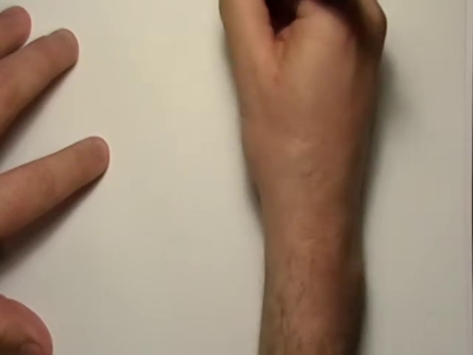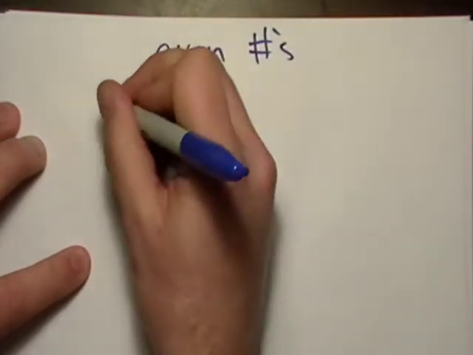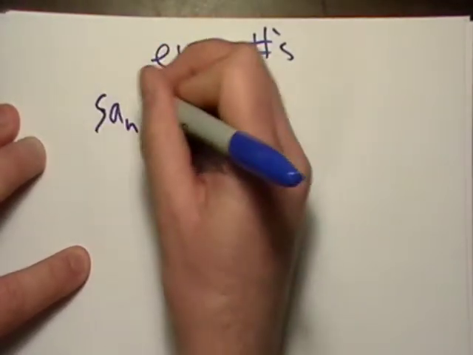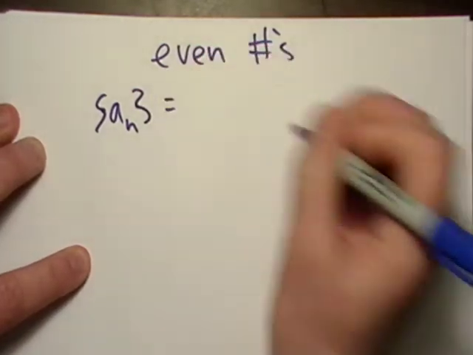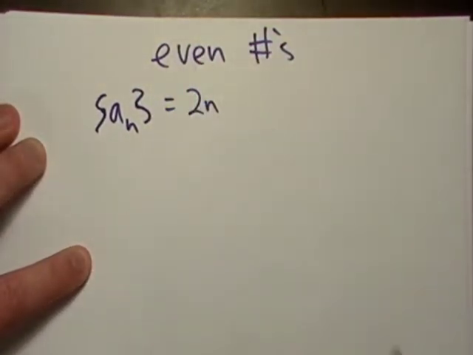Next thing I'm going to do is show you some tricks here, and these are kind of useful if you're messing with series. Let's say we wanted all the even numbers. I just know this from experience: we would say that our formula is equal to 2n.